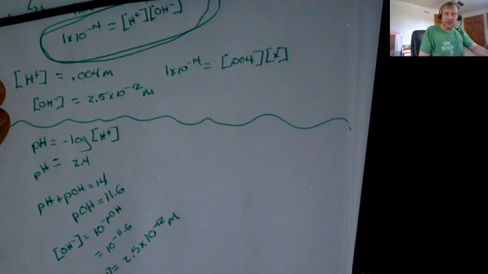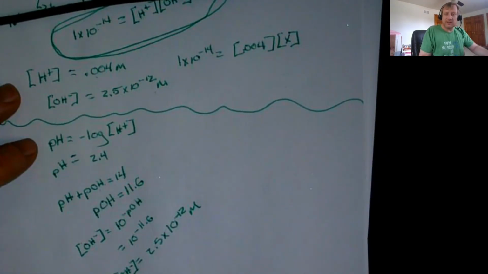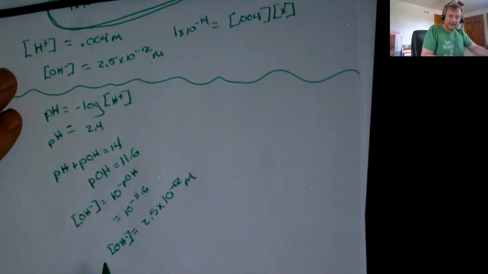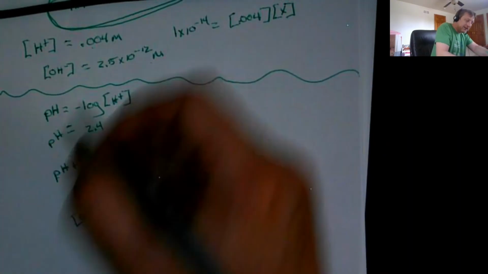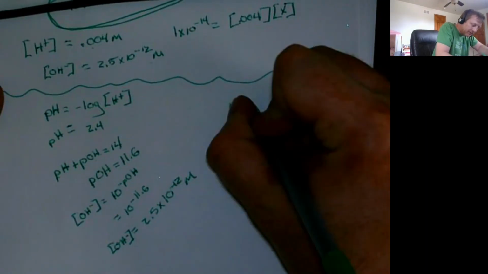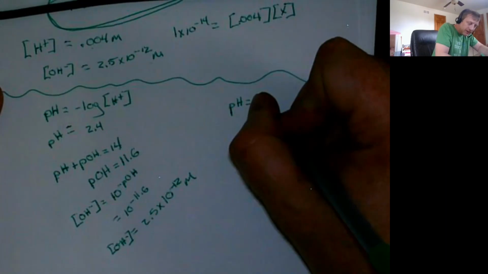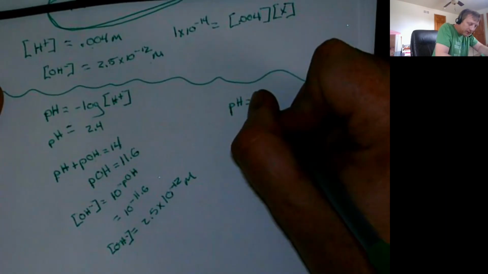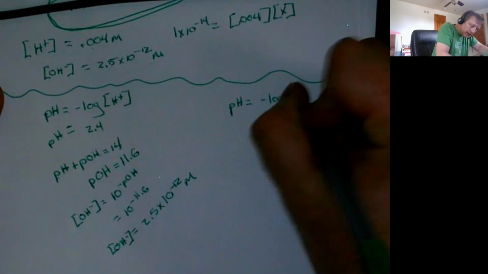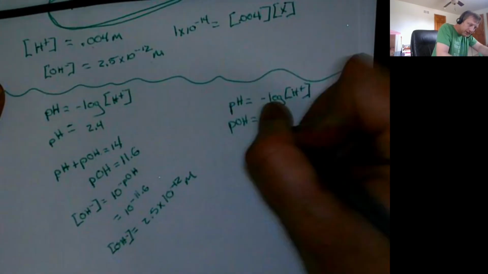That K sub W is a little bit easier on a problem when you're moving directly from one concentration to another. This kind of strategy is probably more flexible because as long as we have these 5 formulas at our fingertips, we can solve really any sort of hydroxide or hydronium problem. pH equals negative log of H plus, and there's a corresponding formula for pOH.